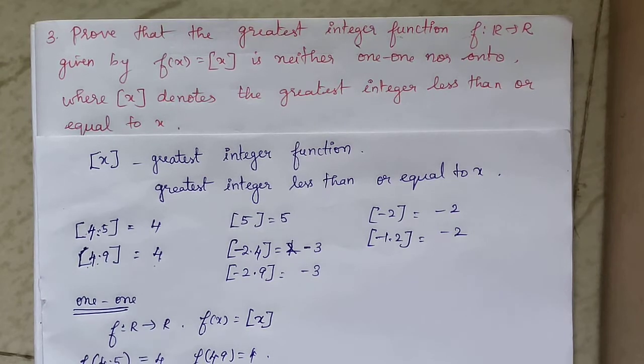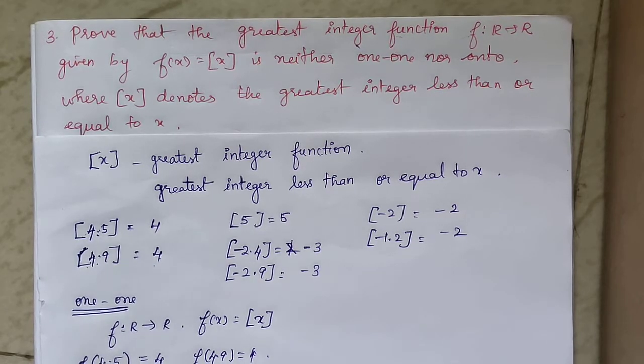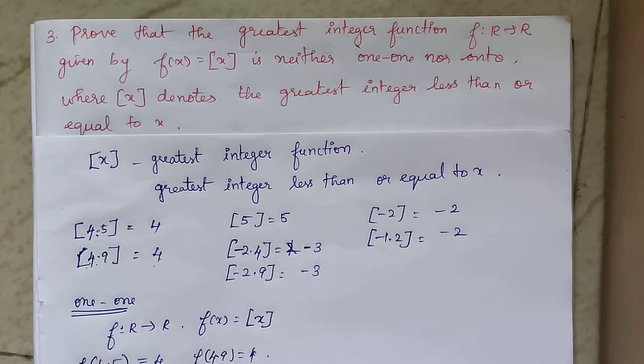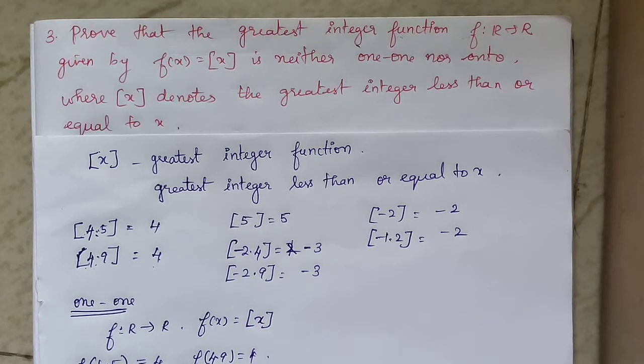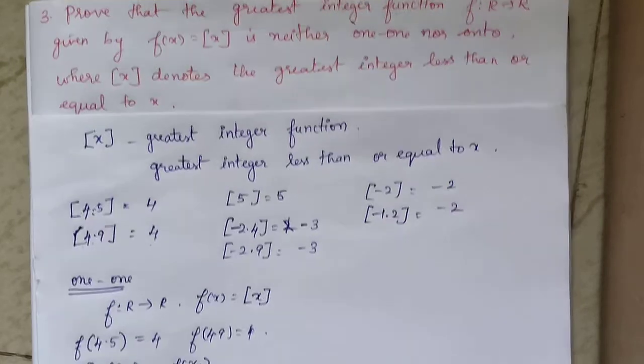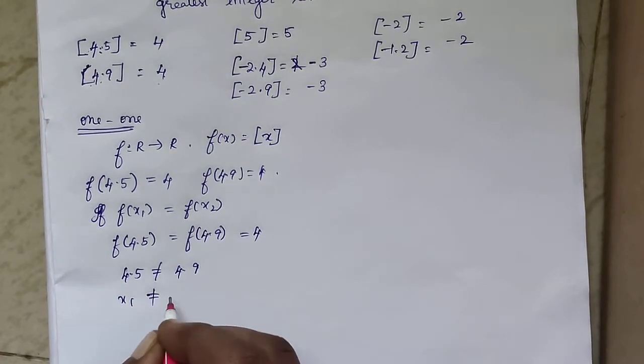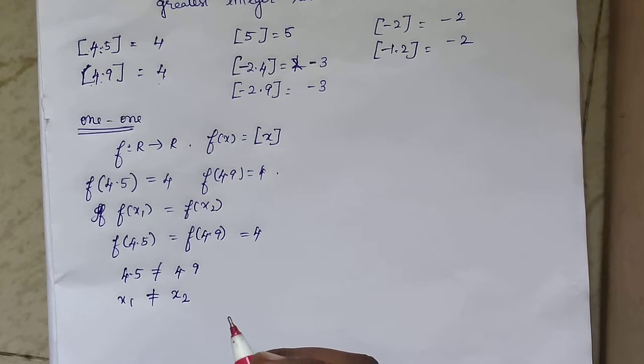Here f(4.5) is equal to f(4.9), which is 4, but 4.5 is not equal to 4.9. So x1 is not equal to x2.